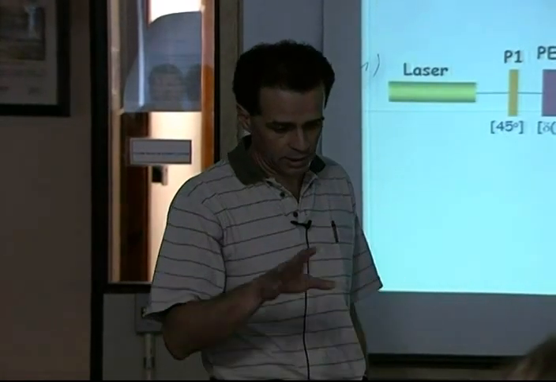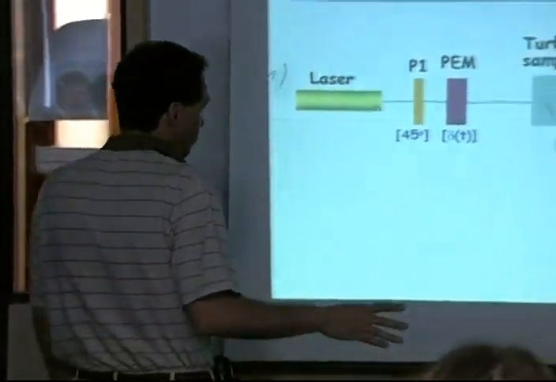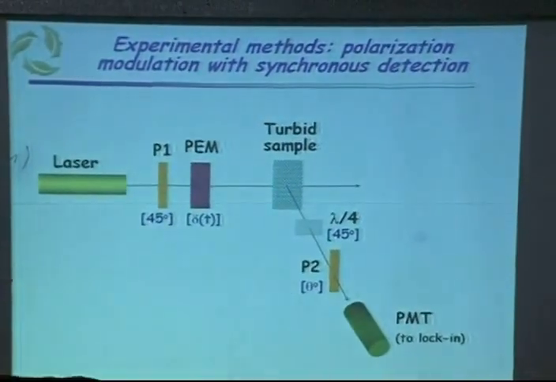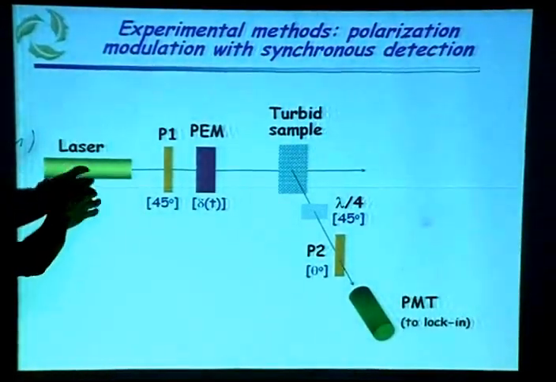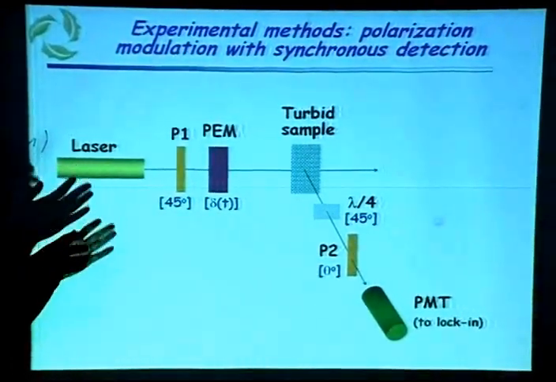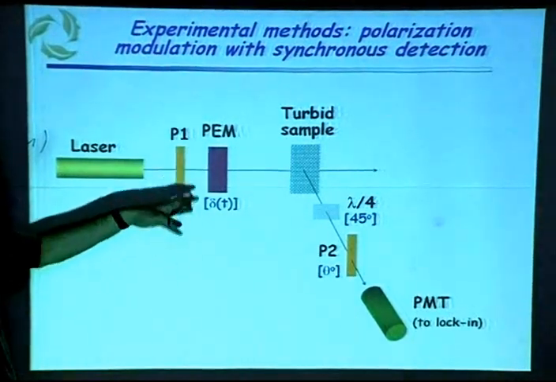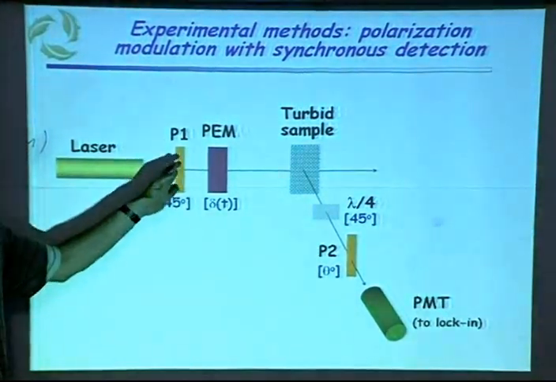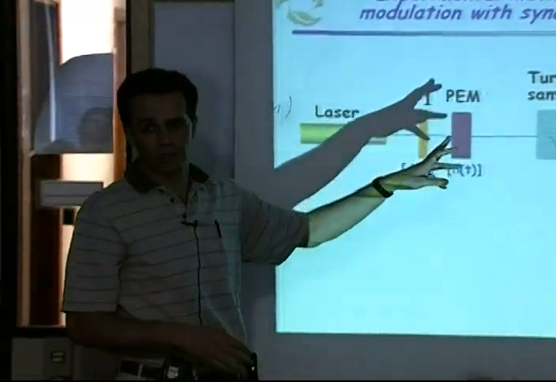This is, in a very simple scenario, how the experiment works. It's actually not that difficult engineering-wise. So you have a laser or light source, can be a broadband light source or a single wavelength initially. You do some polarization, so make it linearly polarized, or you can make it circularly polarized. Then we use a device called the photoelastic modulator.